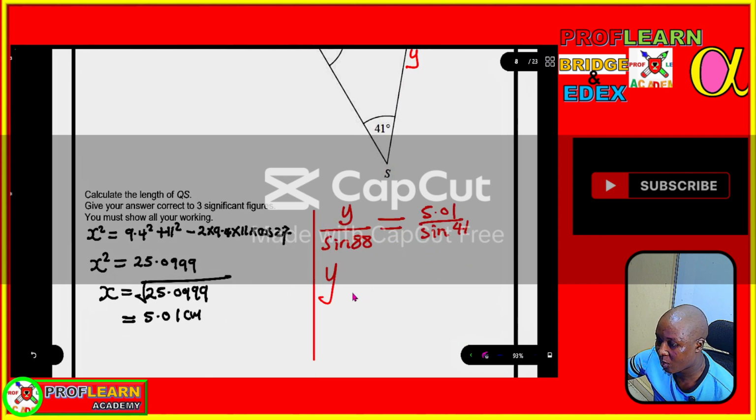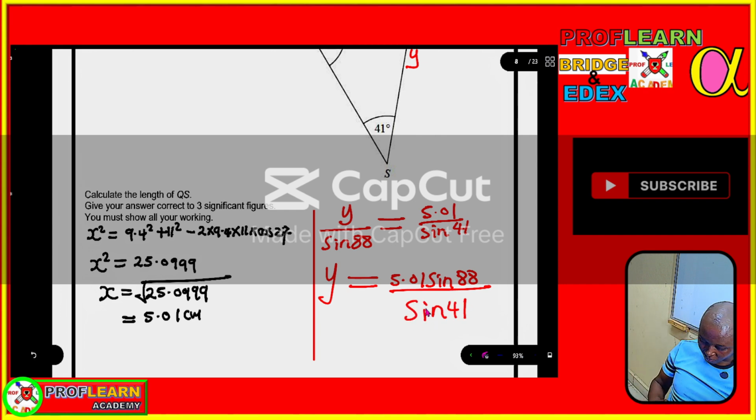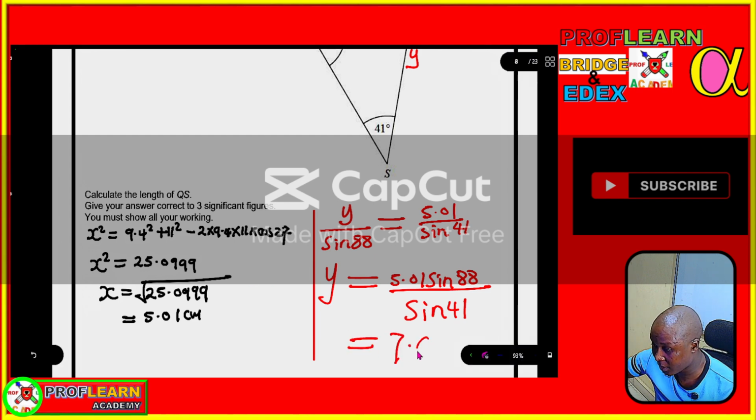So for us to get y, which is our QS, is going to be 5.01 sine 88 divided by sine 41. If we work it out, we're going to get our answer being equals to 7.63.